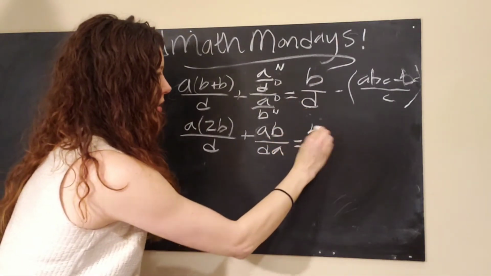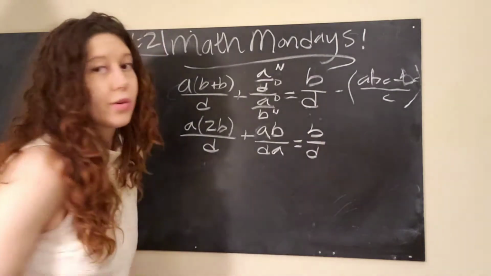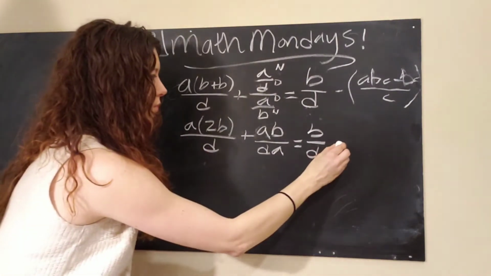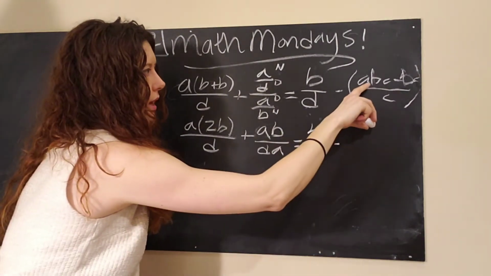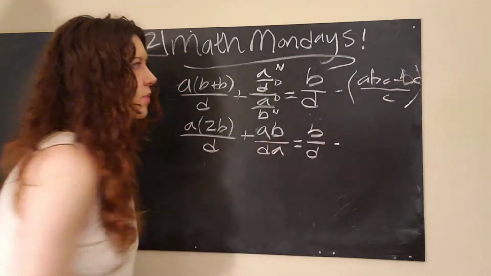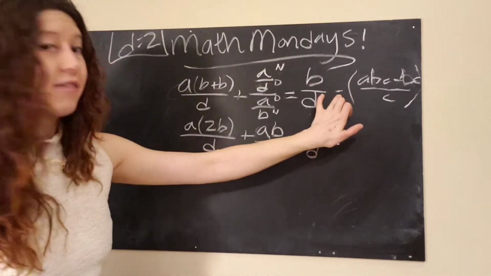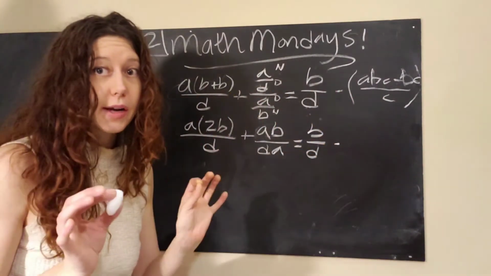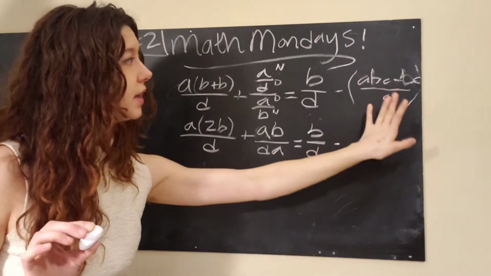B over d, can't simplify that anymore, so we'll leave it as is for now. And now we get to this ABC minus BC over C. First of all, I have a minus sign out front, so I want to be very careful how I manipulate the inside.